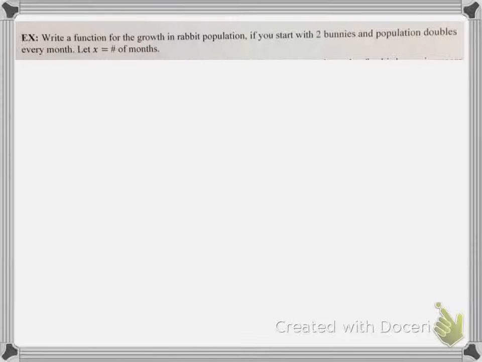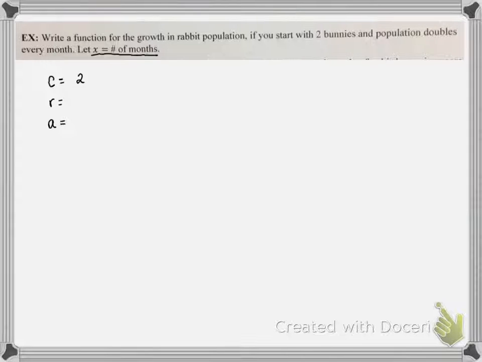So if X is the number of months, we have our starting amount, our percent rate, and then our growth factor. Our starting amount is 2. And then do they give us the percent growth rate or the growth factor in this case?